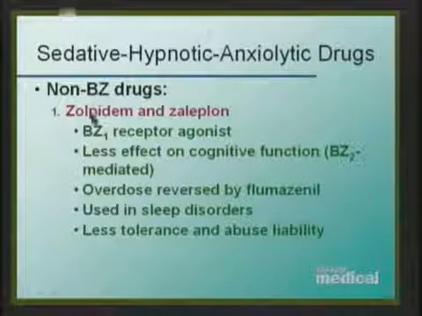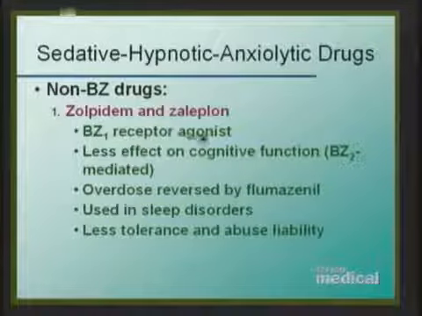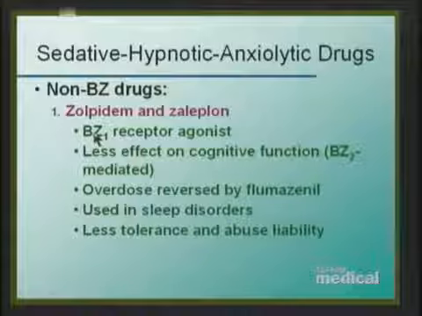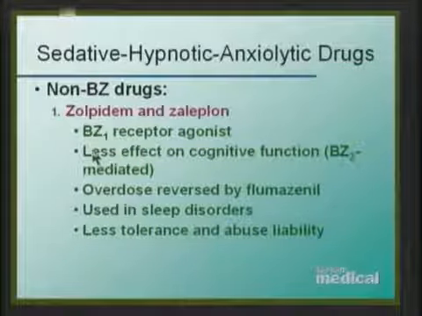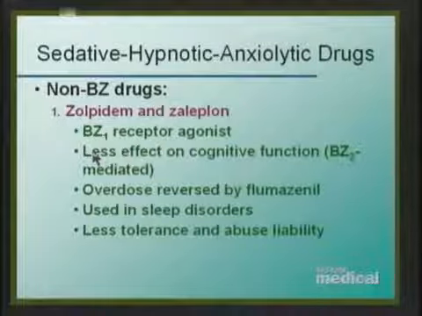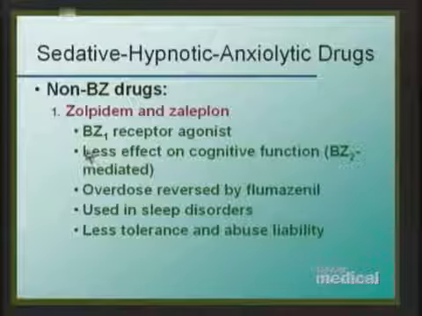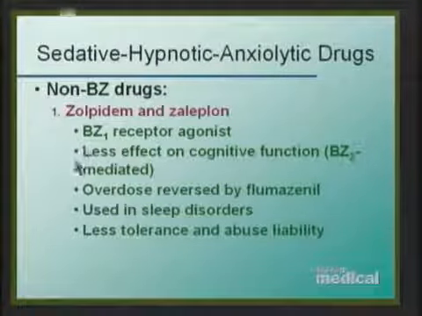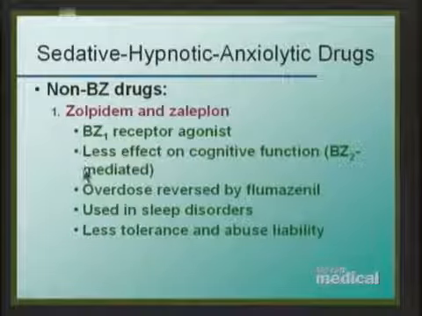But nonetheless, they bind to the BZ1 receptors, or if you want, the benzodiazepine binding site that mediates sedation on the GABA-A receptor. The advantage of those two drugs is to have less effect on cognitive function, which tends to be BZ2 mediated, particularly they do not have such an issue with problems such as anterograde amnesia, cognitive dysfunction like impaired learning, and so forth.